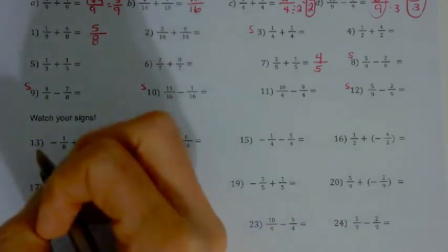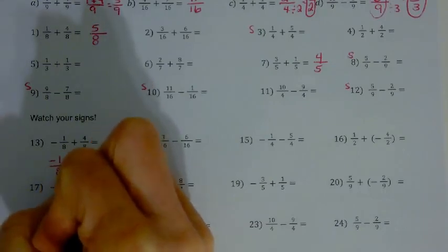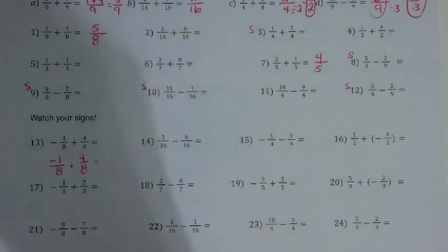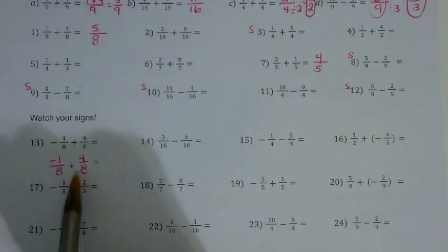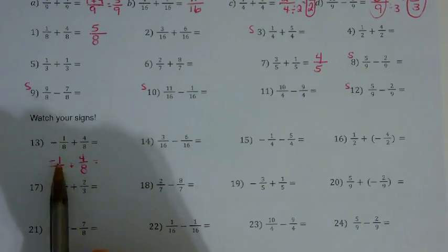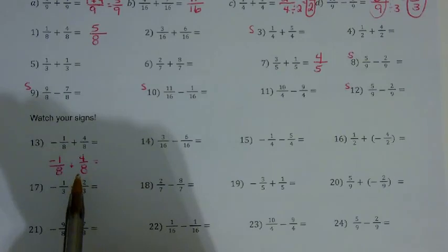So what that means is I'm going to have a negative 1 over 8 plus 4/8. And this way I can add these fractions together because the denominators are the same, and then we'll look at the numerators to see what we get when we take -1 and add 4. So you're going to put these negatives on the top. Okay? All right, so -1 plus 4.